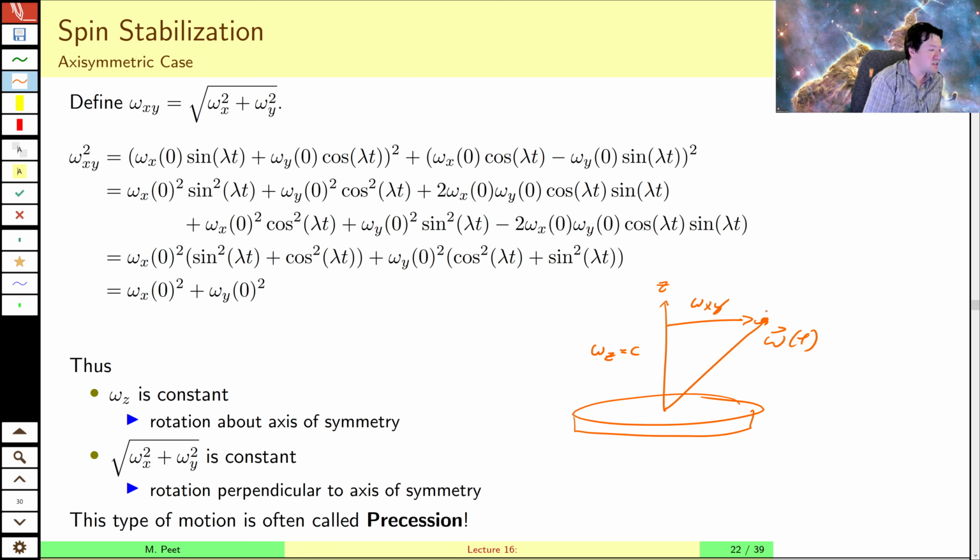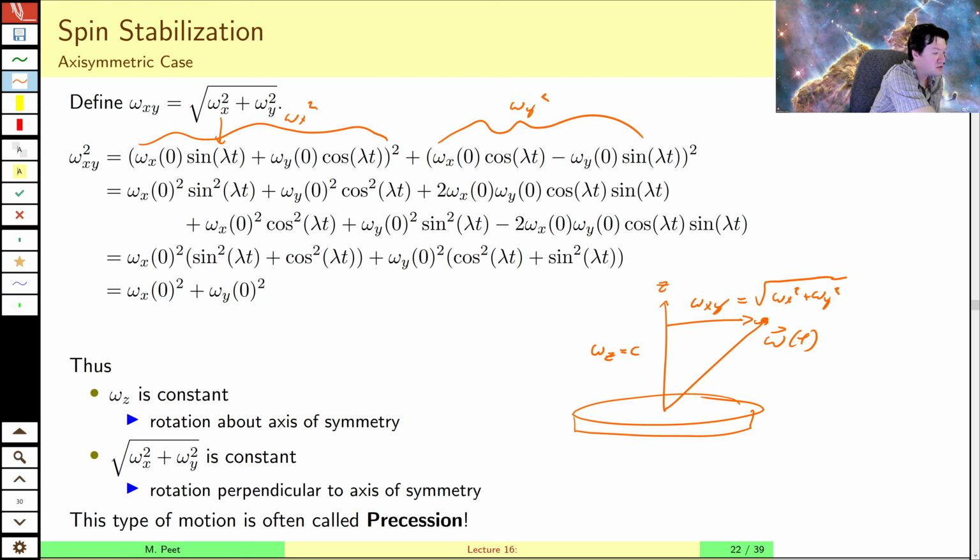Okay. So let's define, what is that? Well, it's just the triangle rule, the Pythagorean theorem: square root of omega x squared plus omega y squared. And we know precisely what those two terms are, so we can just plug them in. There's one, and there's the other: omega y squared and omega x squared.